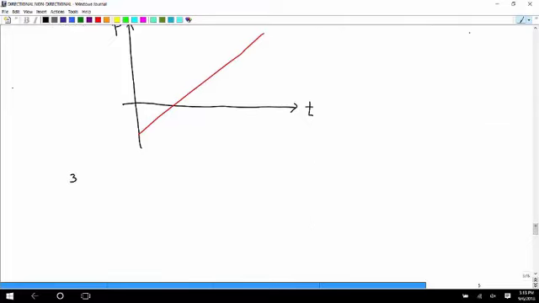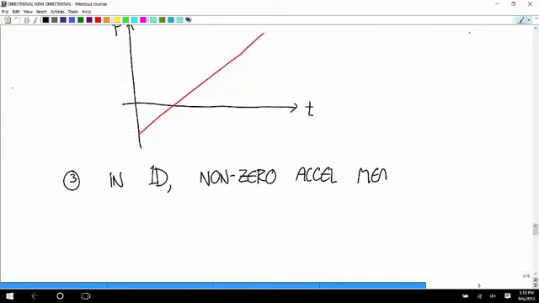Third, in one dimension, which is what we're dealing with right now, a non-zero acceleration can only mean two things. It either means the object is speeding up or slowing down.